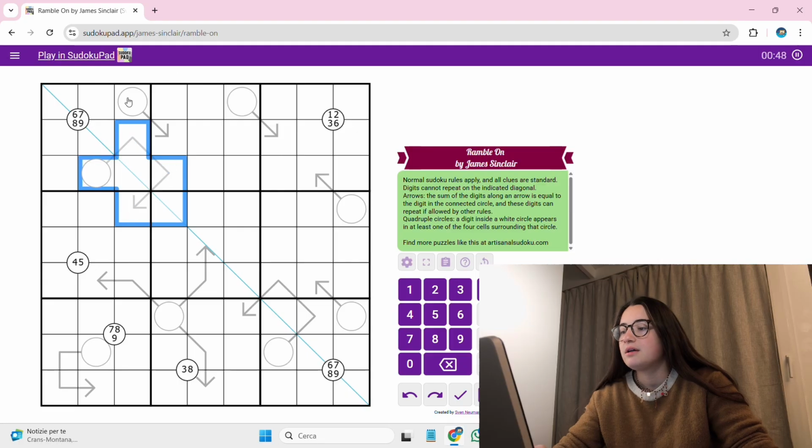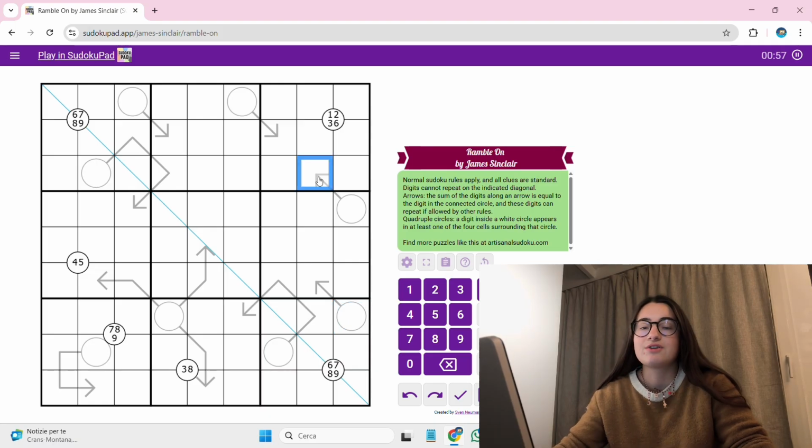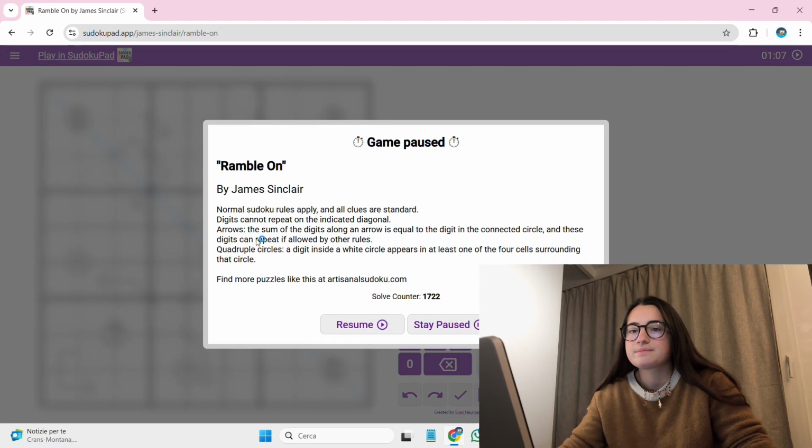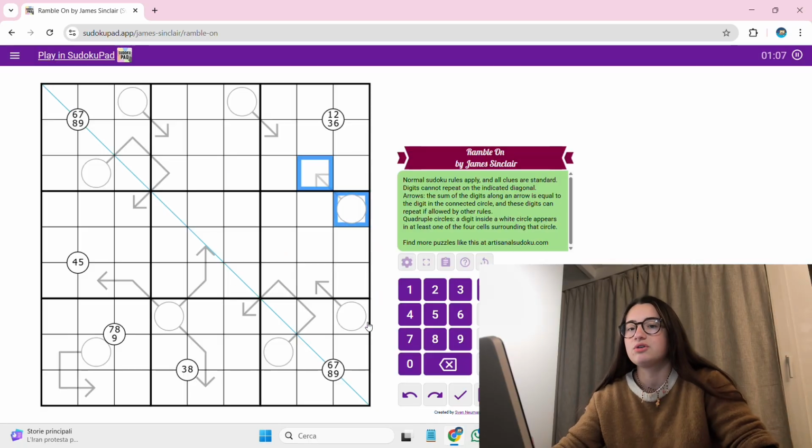These very small arrows over here, one cell arrows, basically contain the same digit. Let's say this is a 2, this one is again a 2, and so on. What else? Quadruple circles. A digit inside the white circle appears in at least one of the 4 cells surrounding that circle.